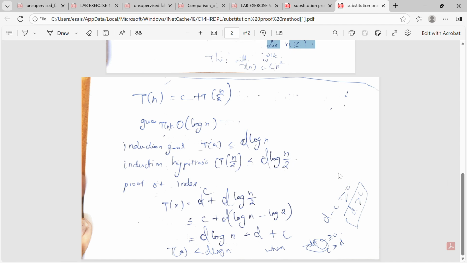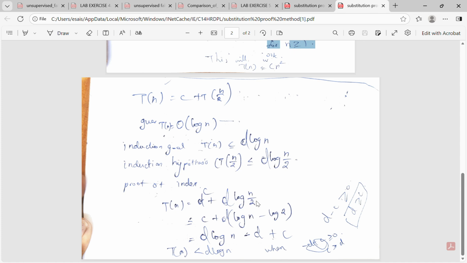For the proof of induction, we are going to apply this T(n) value in our problem. Since in the problem we have c, we assumed our induction goal is d log n. So c plus d log (n/2), where T(n/2) is d log (n/2).